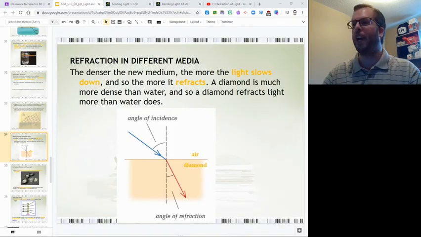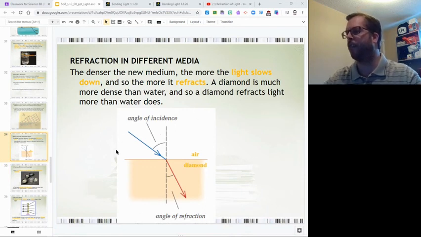Okay, and coming back to our last slide in the PowerPoint, just looking at our diagram for angles of refraction. This diagram, again, we're transitioning from air to diamonds, and we've got our boundary surface right here to transition. This is our normal line. I want you to notice that for the incoming light ray, the angle of incidence is fairly large compared to the angle of refraction of the light when it passes through the boundary here.